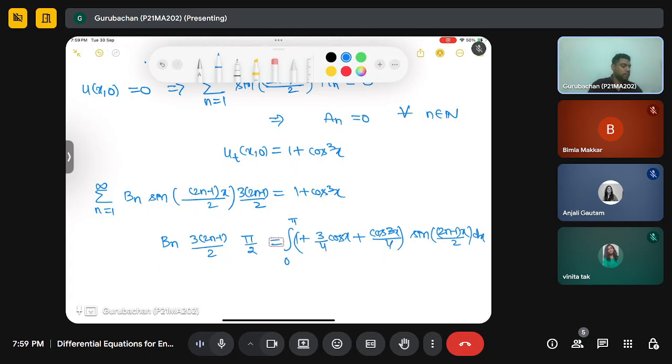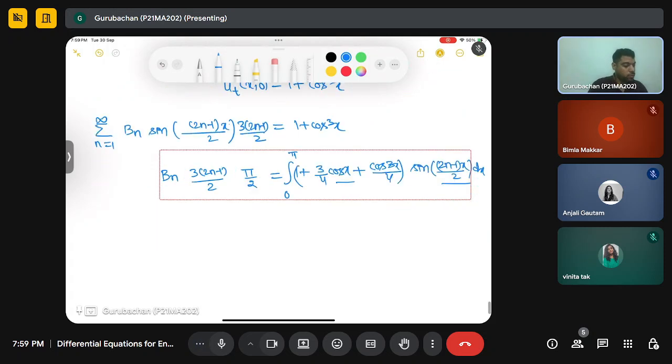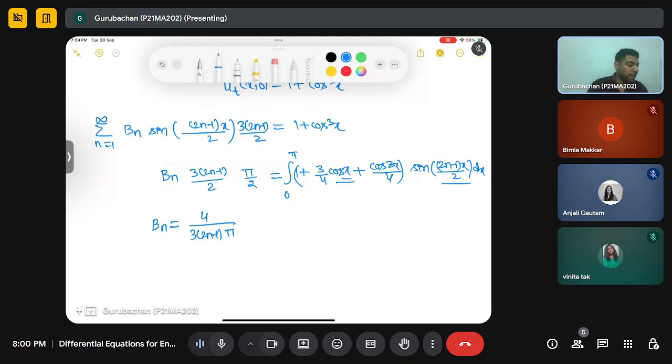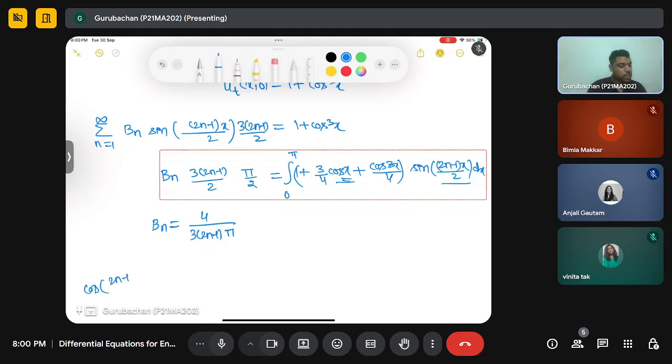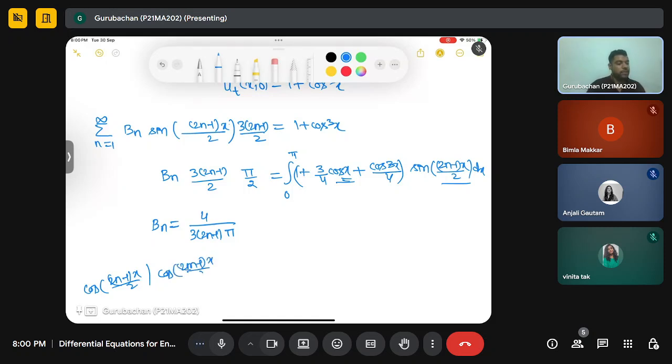Here we have to take care that the integrand looks like this format so that we can compare, because for the orthogonal property, the other one should be cos (2m minus 1)x by 2. So to compare, these two should look like the same format.